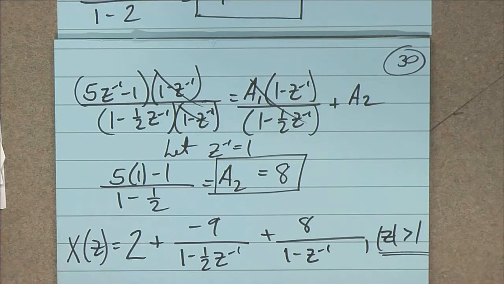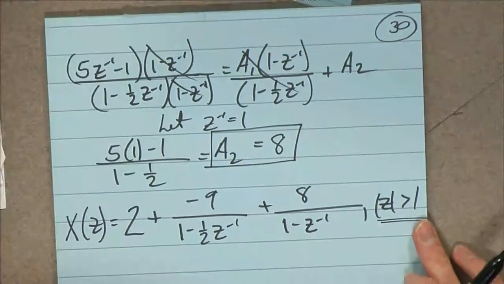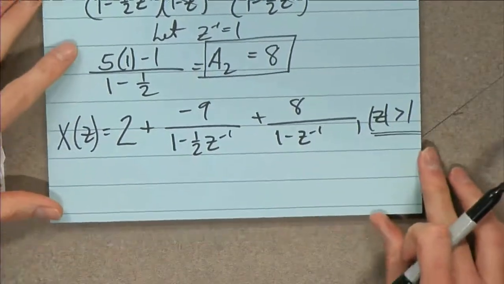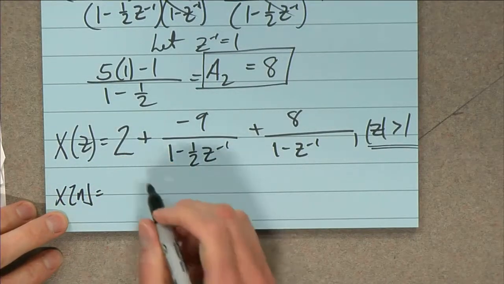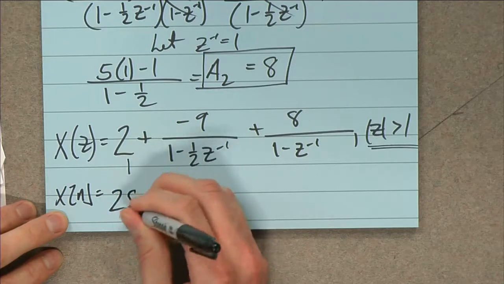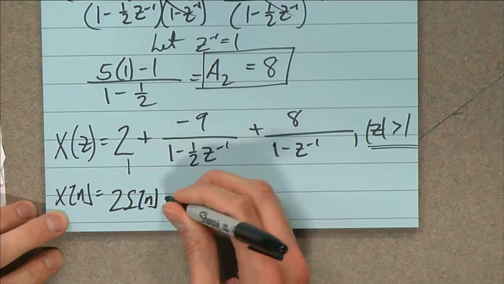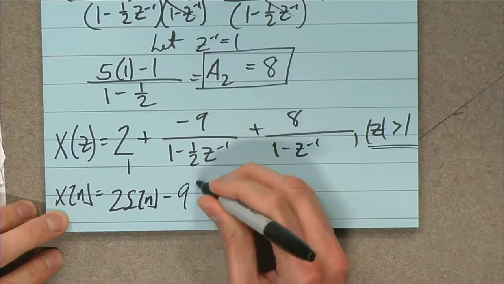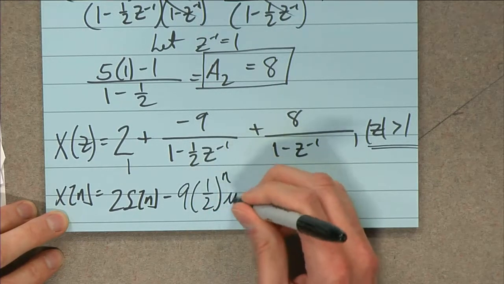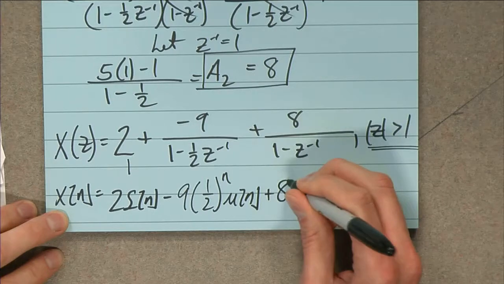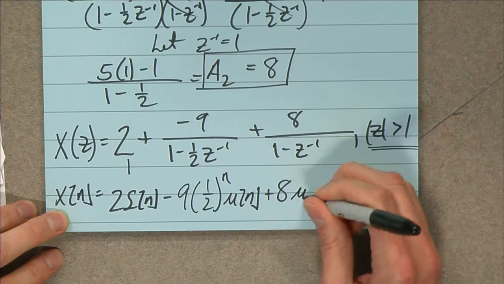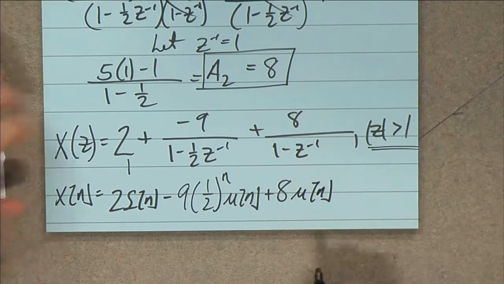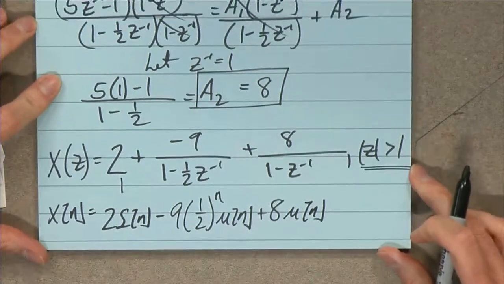It tells us it's a right-sided sequence, so when you inverse z transform, don't use left-sided sequences. So this is a lookup table problem at this point. Inverse z transforming that gives 2 delta n, the impulse, minus 9 times 1/2 to the n, u of n, plus 8 times 1 to the n, u of n. And that's our final expression.